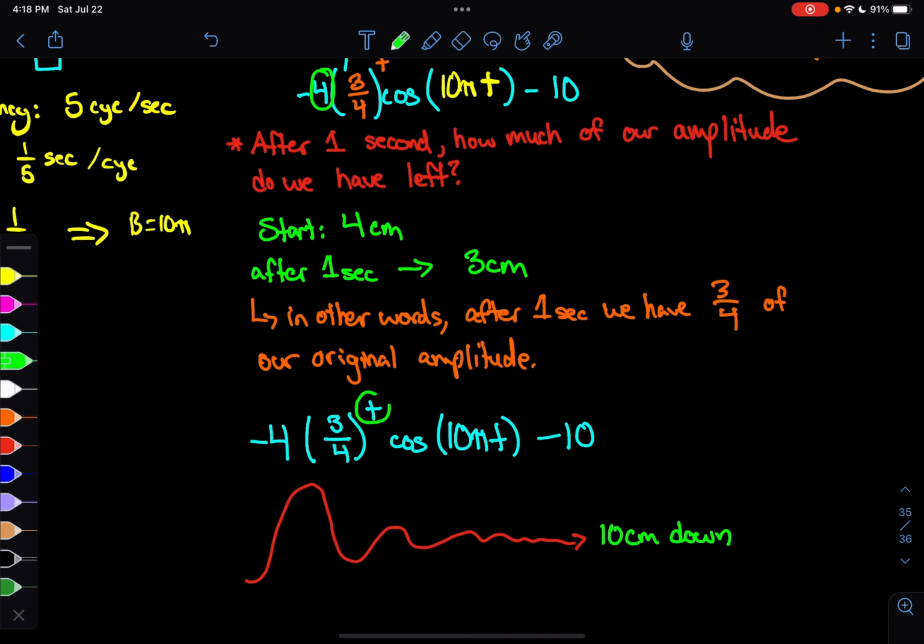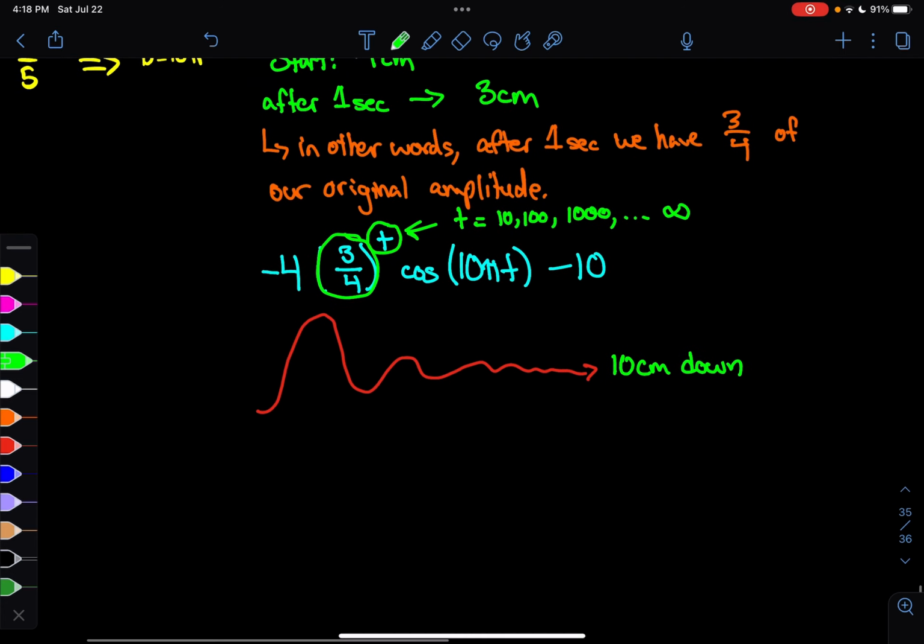If I let t get bigger and bigger, so t equals 10, and then 100, and then 1,000, and so on, as it approaches infinity, what is happening to the value of 3/4 raised to the t?